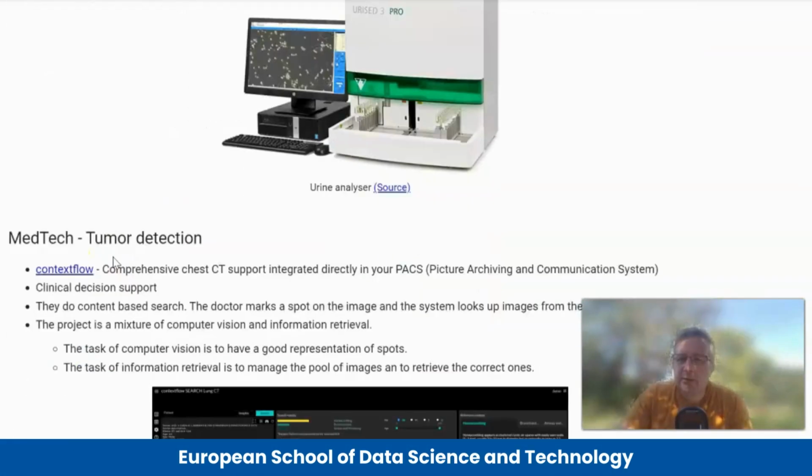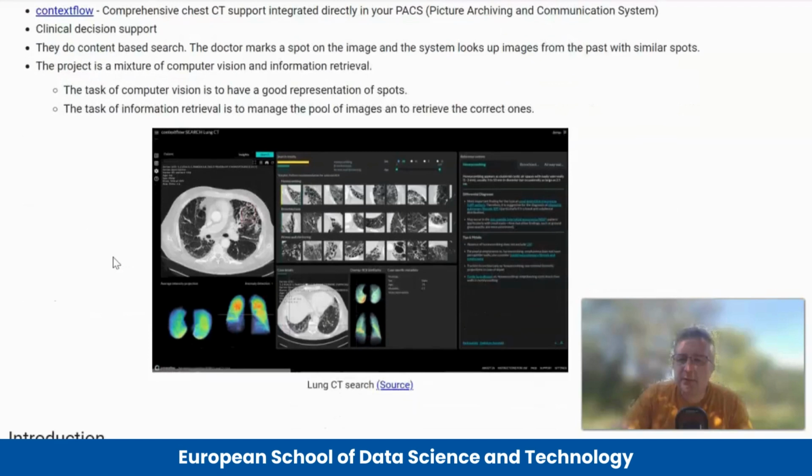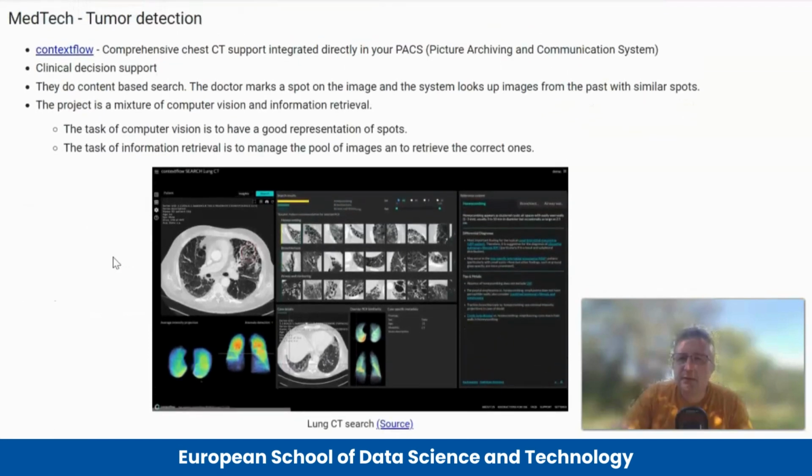And then let's go to the next example, which is also the final one for this lecture. It's from the Medtech field, and it's about tumor detection.